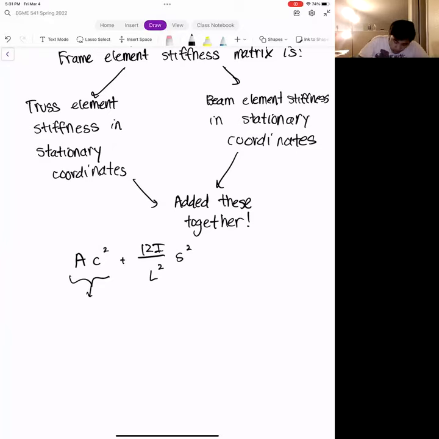This comes directly from the truss equations. Okay. Whereas this term right here, the I indicates that this is from the beam equation, right? Because the truss equations do not make use of the moment of inertia at all.